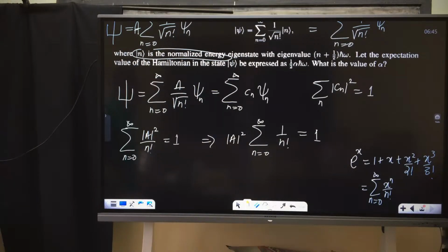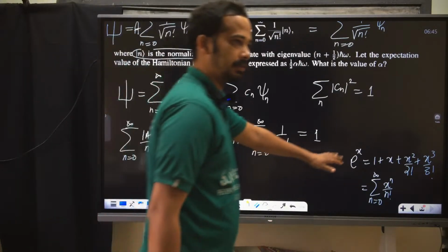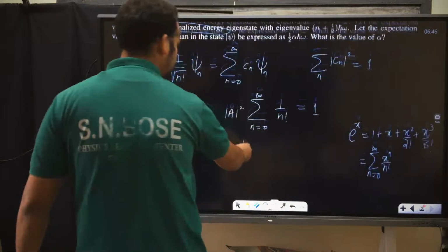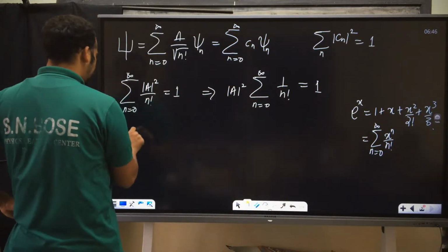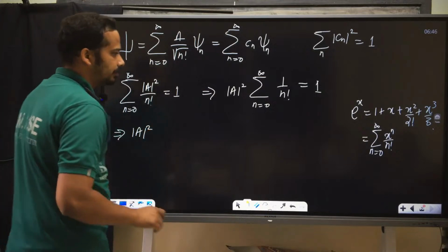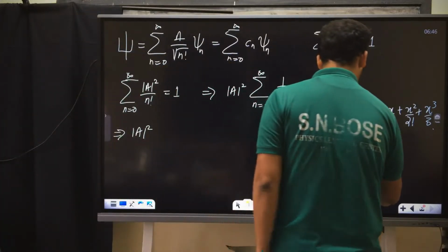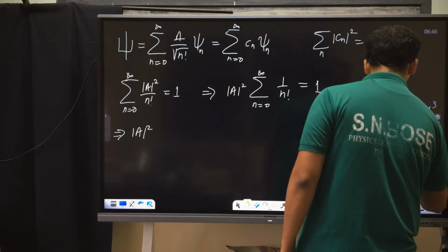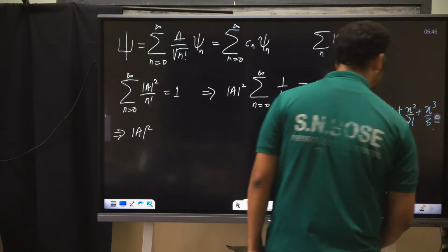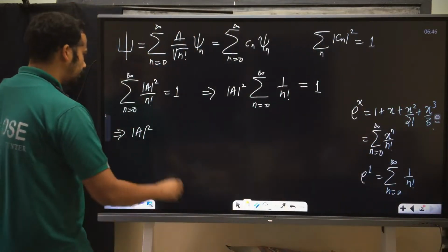These ideas are required, especially in the exam, where they design many questions. So that's why mod a square. What is this one? E power 1 is summation over n equal to 0 to infinity 1 by n factorial, that is 1 power n by n factorial.